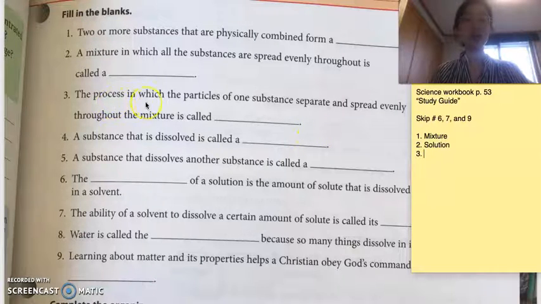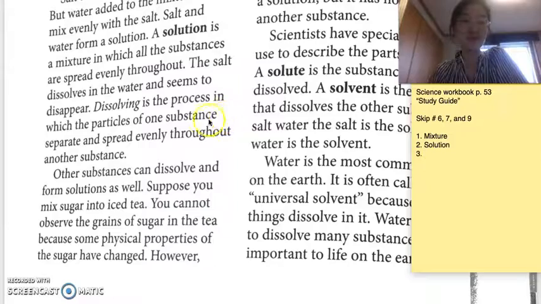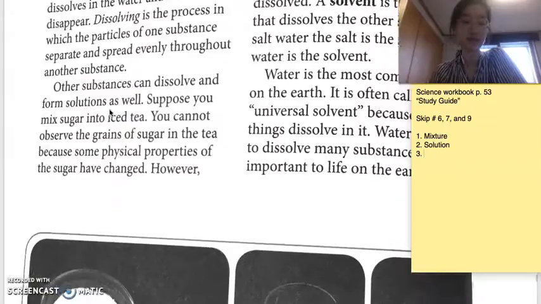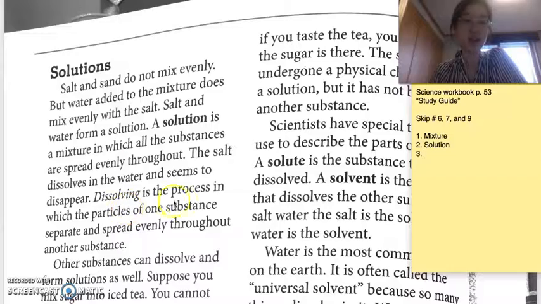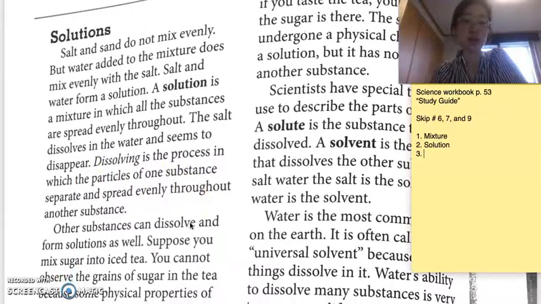Okay, number 3. The process in which the particles of one substance separate and spread evenly throughout the mixture is called... dissolving. It says right here, from today's lesson, dissolving is the process in which the particles in one substance separate and spread evenly throughout another substance.